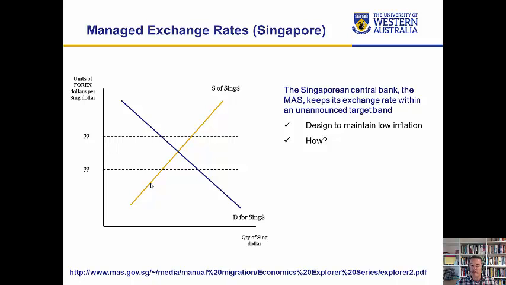What impact would that have on inflation? Well, with a 30% depreciation, that means that import prices would increase by 30%. And because imports roughly represent half of the size of the Singaporean economy, with import prices going up by 30%, we could expect roughly 15% additional inflation.